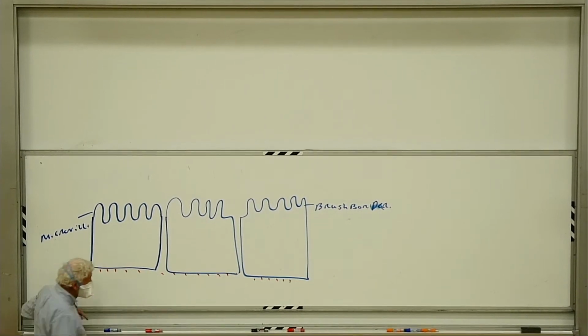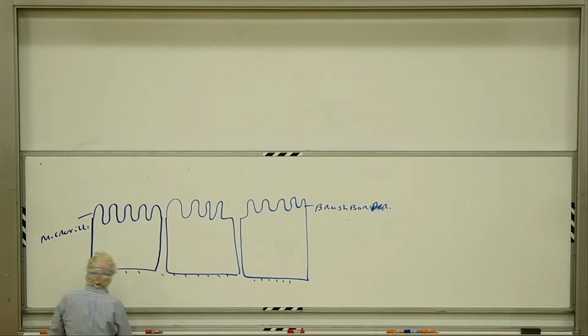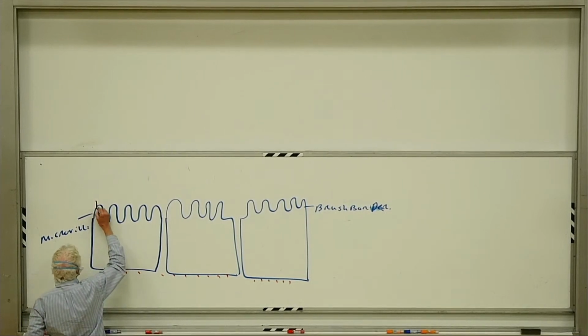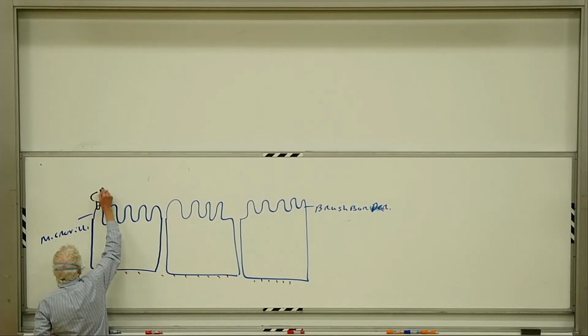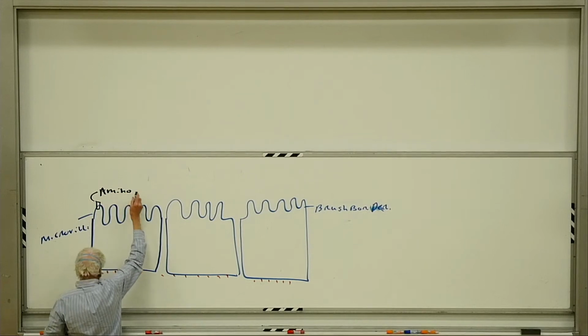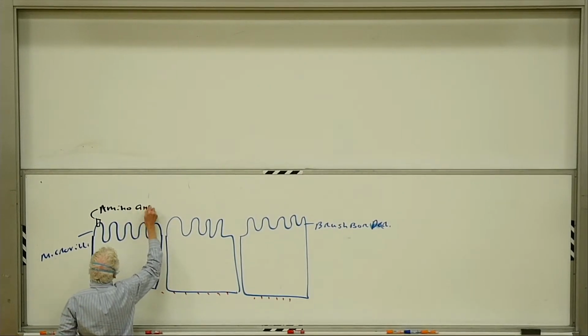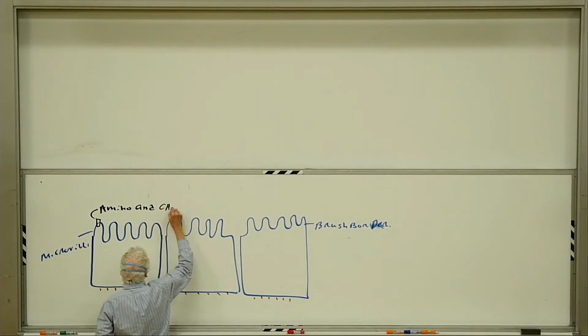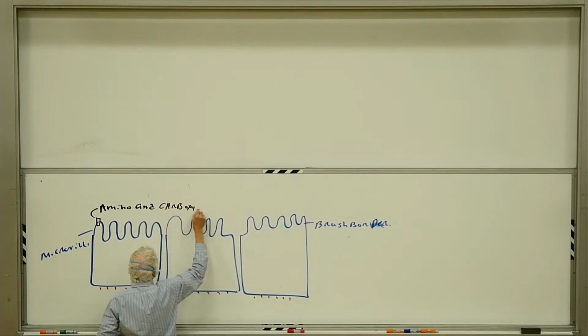We're going to see very similarly here, in the apical membranes, there are amino and carboxy peptidases.